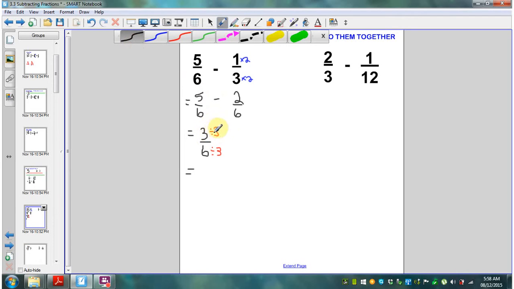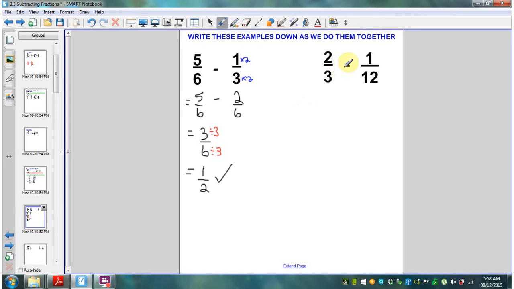So 3 divided by 3 is 1. 6 divided by 3 is 2. So this is our final answer. Okay, make sure you understand that one and you have that written down in your notes. And when you're ready, we'll try this one.